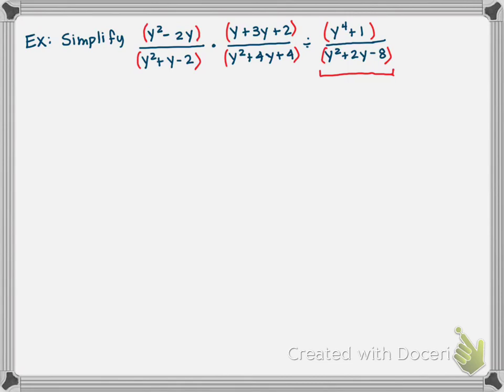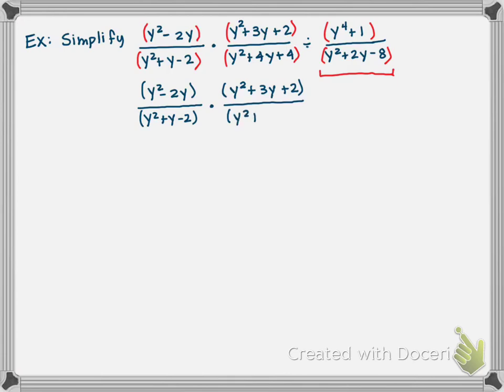So we have y squared minus 2y over y squared plus y minus 2, times, oh, I'm sorry, this is supposed to be y squared plus 3y plus 2 over y squared plus 4y plus 4.